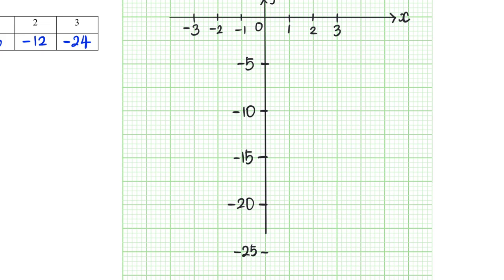And let me just extend my line. Okay, and we are ready to go. Axis is done. Now is to plot all the points.